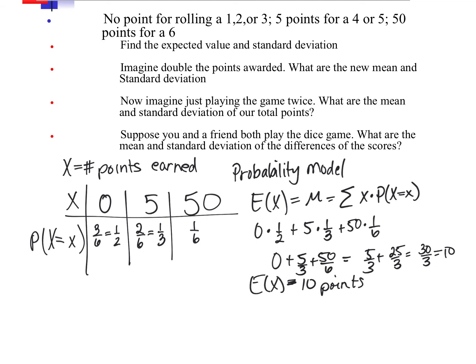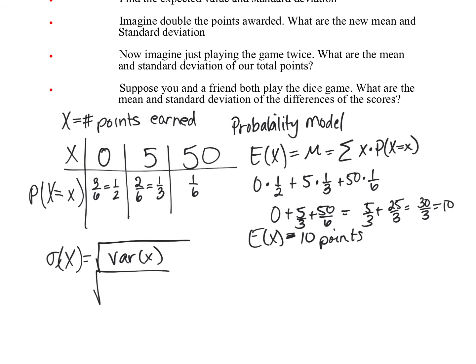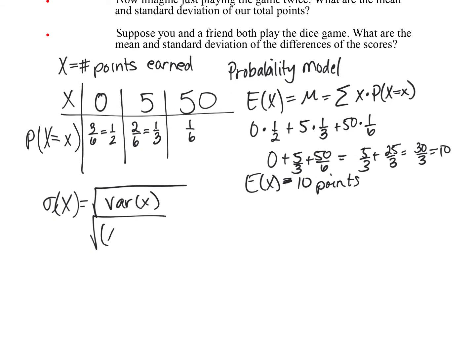Now the standard deviation of x is the square root of the variance. And the variance of x is the x value minus the mean, the expected value, squared, times the probability, and it's the sum of all those.